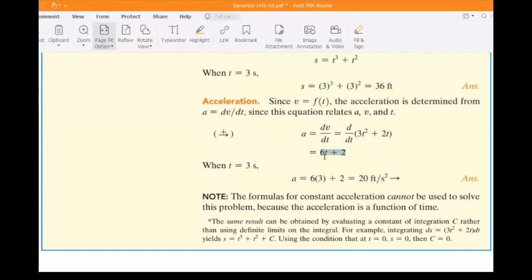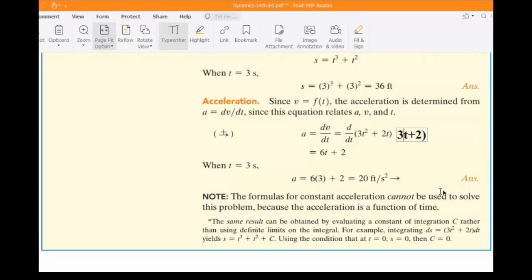So time is a variable here. If it becomes directly only 6, then the acceleration is constant. Let's say the function is not t squared. If I tell you this equation is 3t plus 2t, let's say 3t, okay, 2t would again be 5t.